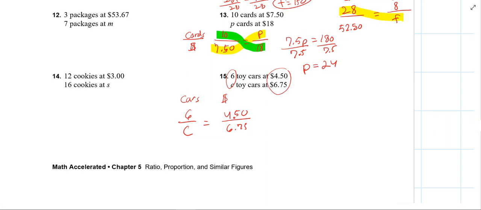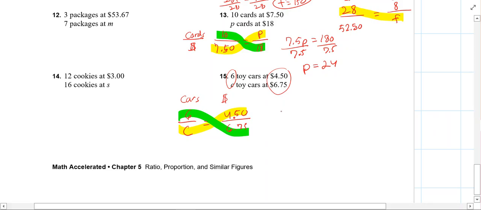So I'll go C times this, and like this. So C times 450 is 4.5C, and 6 times 675 is 40.5. Divide both sides by 4.5, and I get C is 9. There you have it.